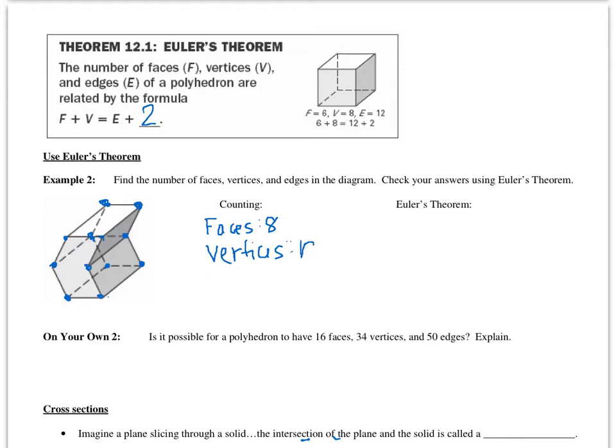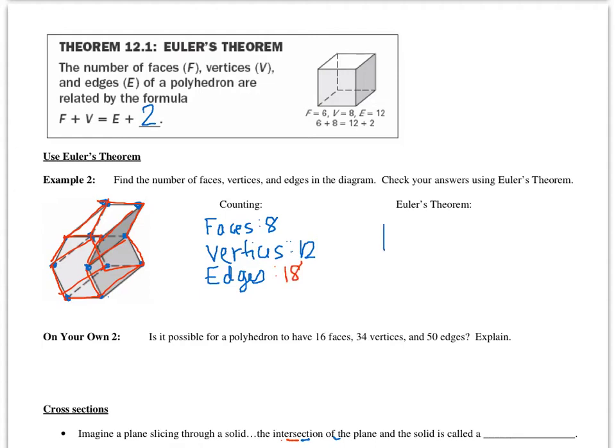So I've got 12 vertices. And then the edges are those lines on the side, exactly what you would think are our edges. There's 1, 2, 3, 4, 5, 6, 7, 8, 9, 10, 11, 12, and on the back 13, 14, 15, 16, 17, 18. So we've got 18 edges there. So my edges are 18.